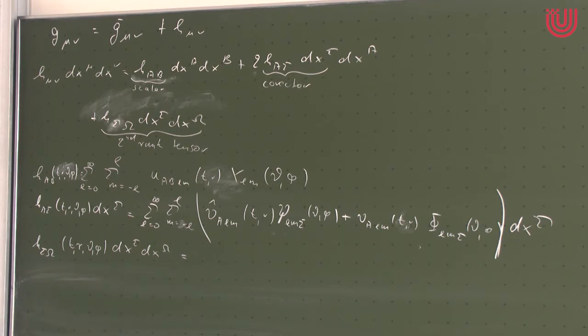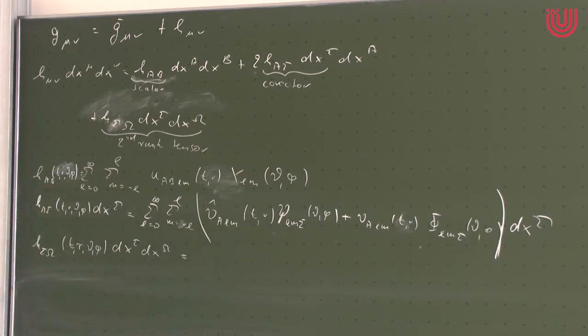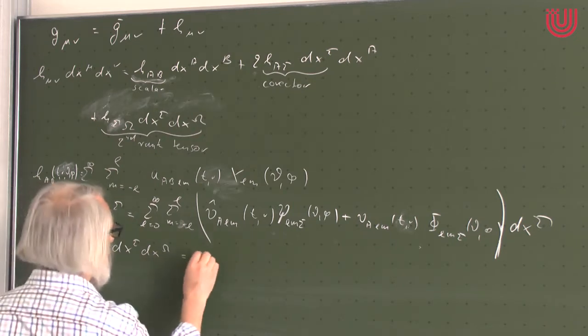At each point, I have three independent second-rank tensor fields, because a symmetric second-rank tensor field on a two-dimensional manifold has three independent components, right? The two diagonal elements and one in the off-diagonal, in the upper right-hand corner. The lower left-hand corner is then determined by symmetry. 1, 2, 3. So there are three independent things.